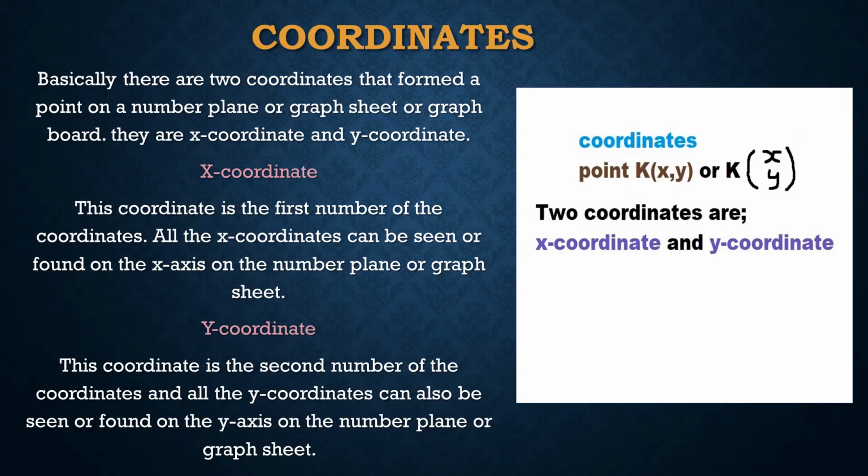Point K can also be written in the horizontal way or in the vertical form. The two coordinates are the x coordinate and the y coordinate. And we said all the x coordinates can be seen on the x-axis, and the y coordinates can also be seen on the y-axis. Great.